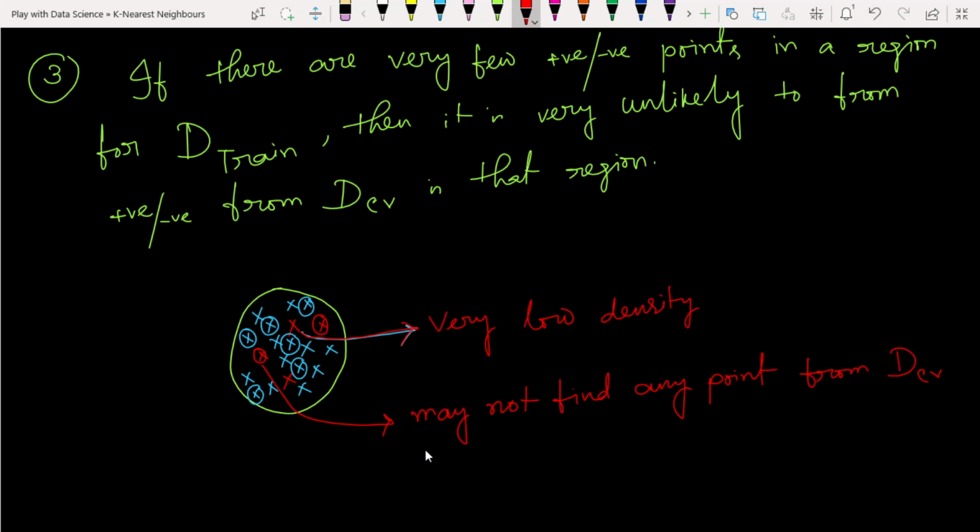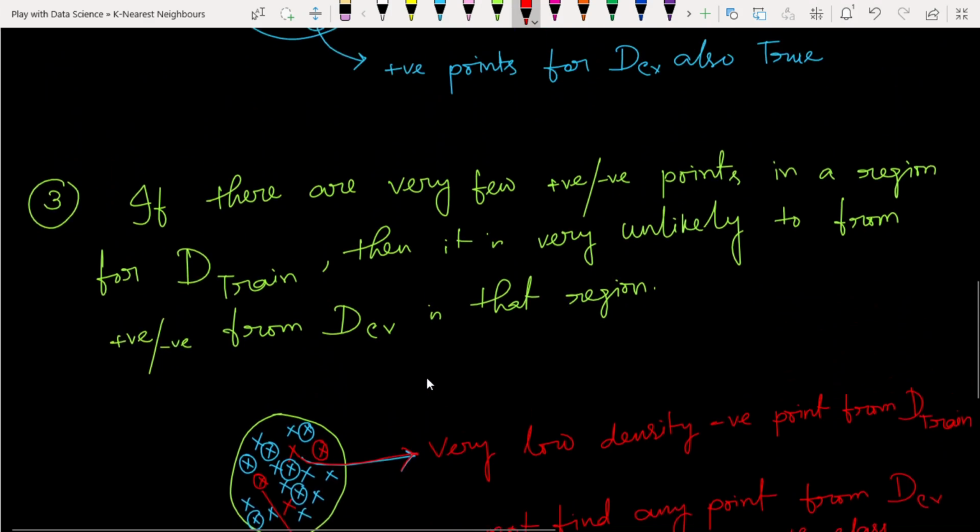Okay, I am taking the cross validation here as the red color, meaning negative. If there is a low density of negative points from D train, then we may not find any point from the cross validation for negative points.